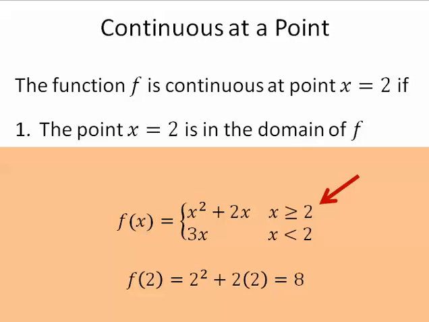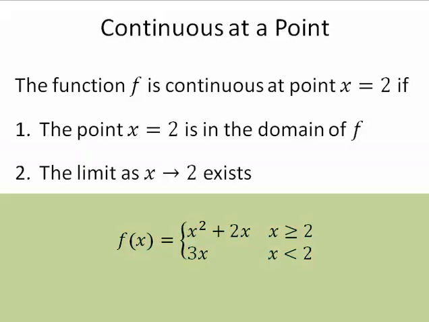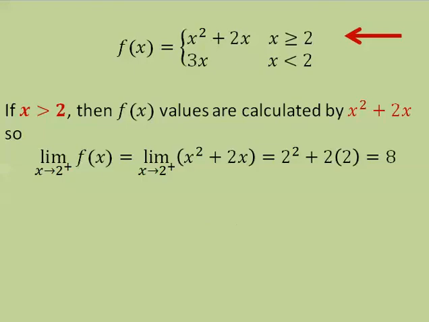All right, let's go on to the second check. Does the limit exist? Well, let's look at the limit coming from the right and from the left and check that they are the same thing. Coming from the right, if x is bigger than 2, then f values are calculated by x squared plus 2x.